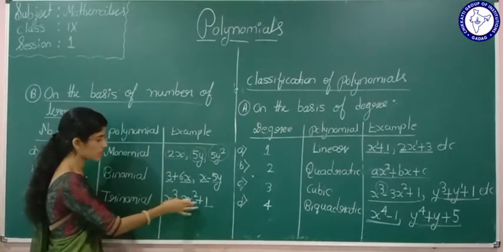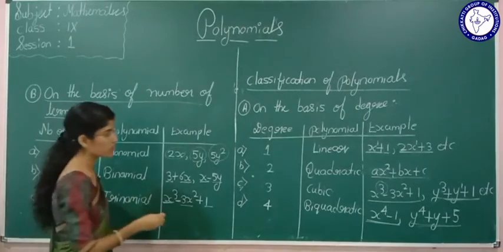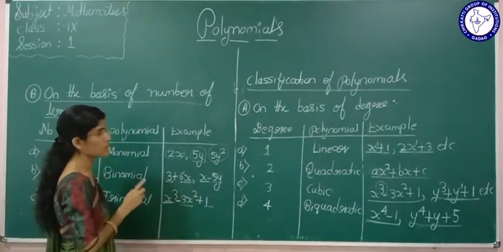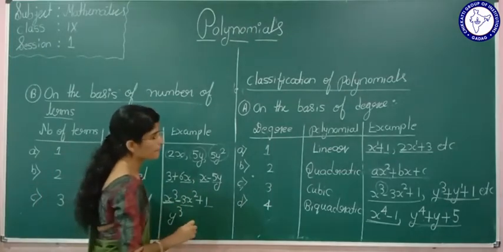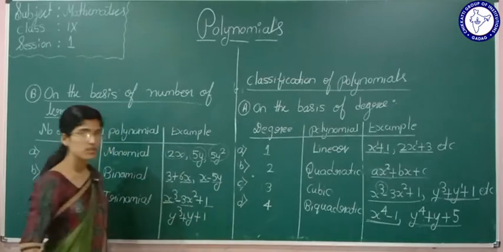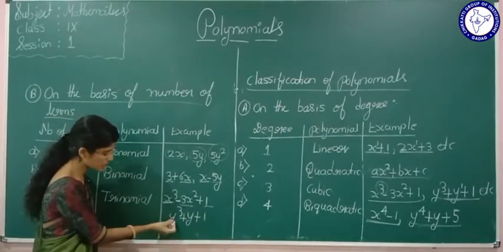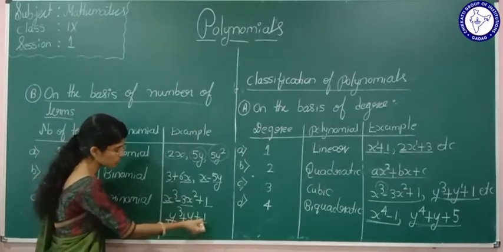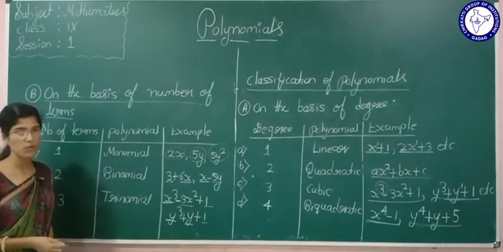Here 3 terms are there. Definitely this is nothing but a trinomial. Say one more example, what we took on the basis of degrees here. y cube plus y plus 1. So this is an example for trinomial. Why? See here, how many terms are there here? 1, 2, 3. If 3 terms are there, we will call it a trinomial.